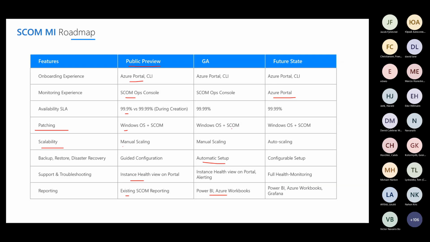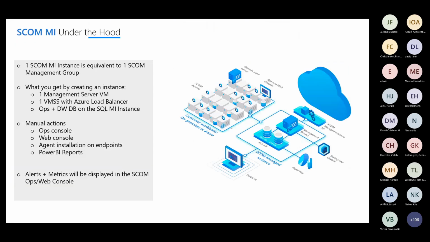Having said that, let's quickly talk about the licensing and the cost for having SCOM MI. For the SCOM MI public preview, the current version, there is no additional licensing cost for monitoring or for using the product. The cost incurred for creating and using SCOM MI will be mainly based on what is created underneath. So you will be charged for the management server, which is of DS3v2 template, the VMSS service, the load balancer service, and the SQL MI.